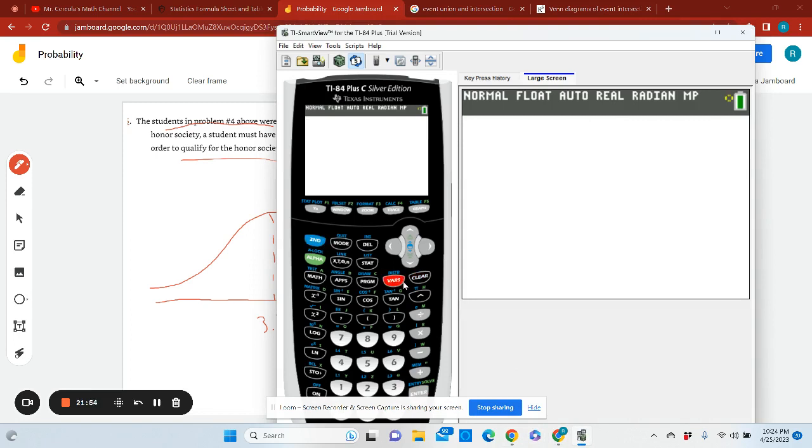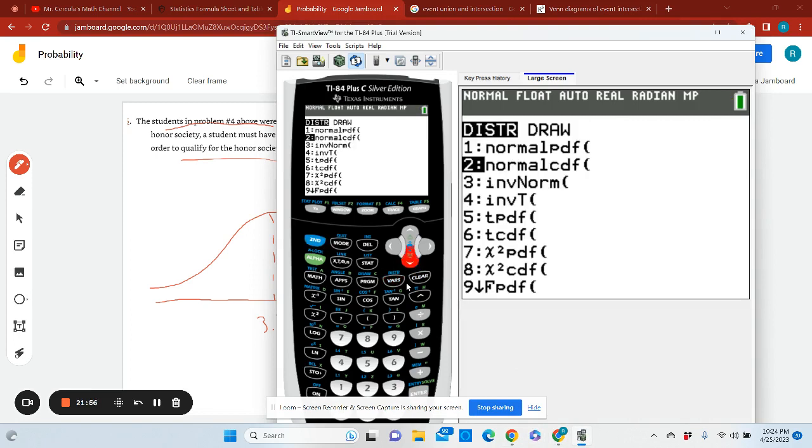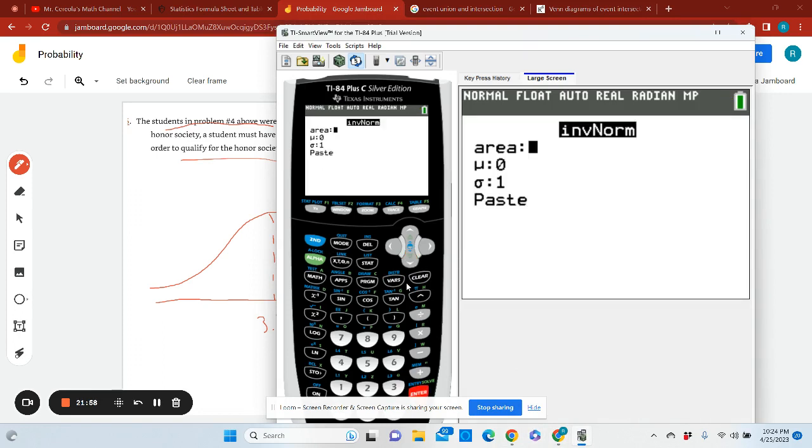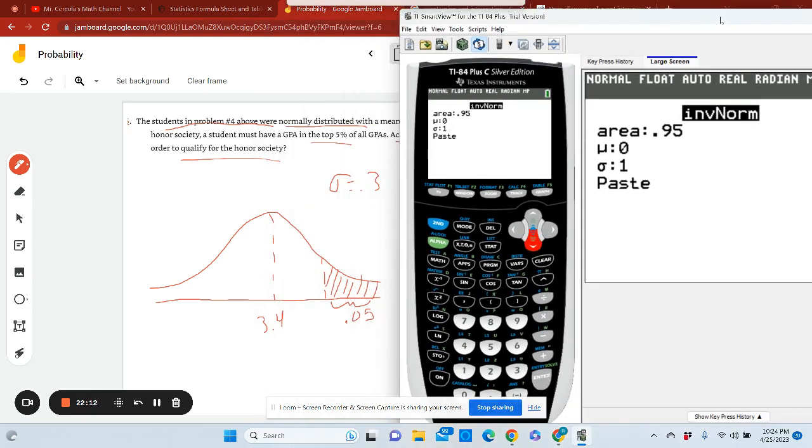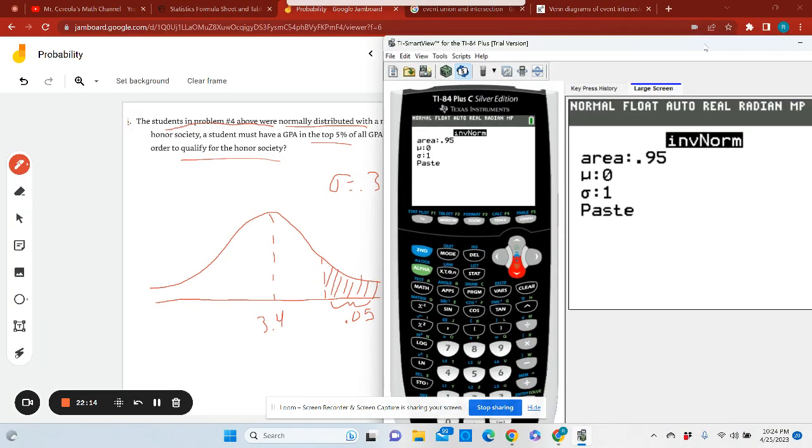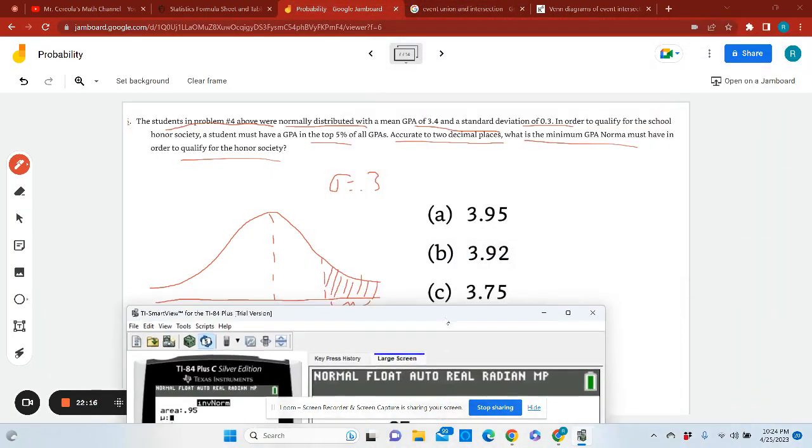So I'm going to hit second distribution, and I'm going to go to inverse norm. Okay, and I'm going to say, all right, the area to the left of this cutoff point is going to need to be 95% if the area to the right is 5. If I just hit paste, my calculator would give me the z-score needed to be in the top 5%.